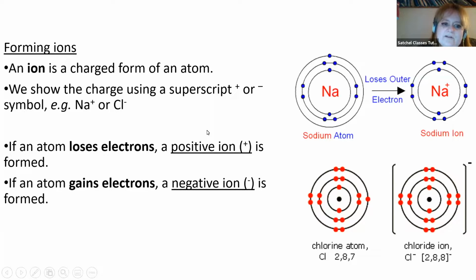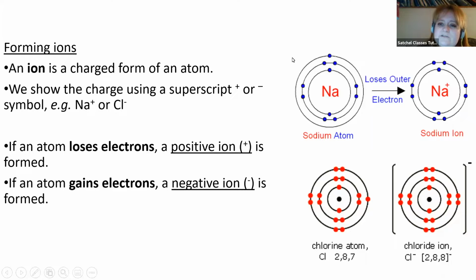If it gains electrons, a negative ion is formed. If it takes on extra negative charge, it becomes negative itself. So sodium has 1 electron in its outer shell, loses that outer electron, and becomes Na+.